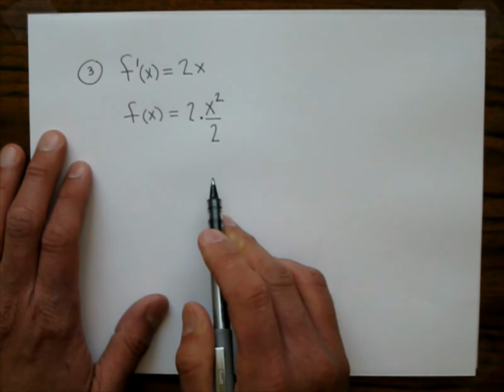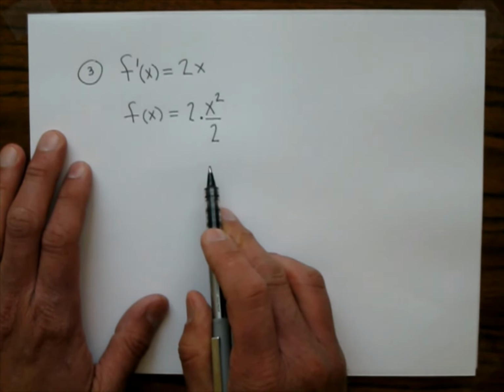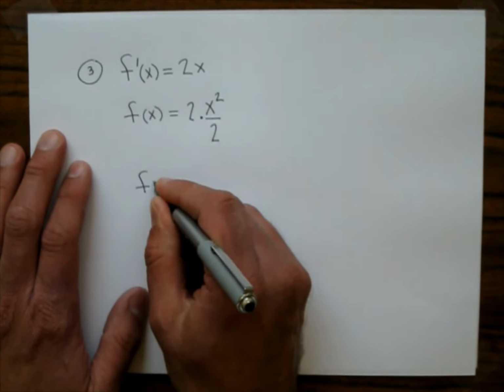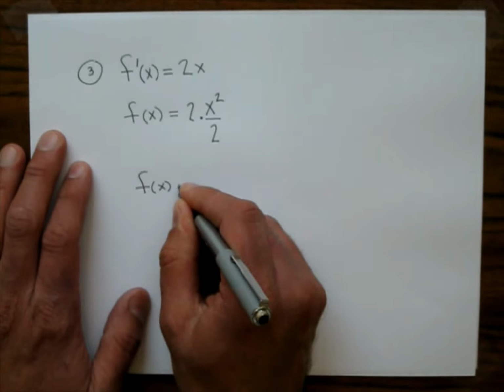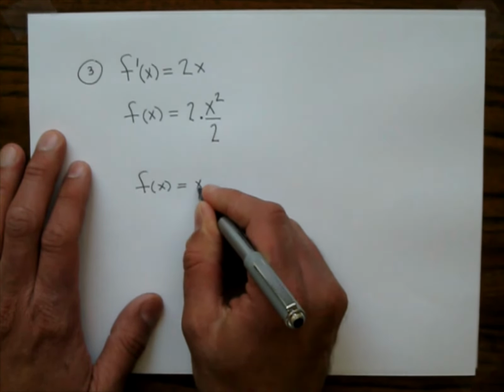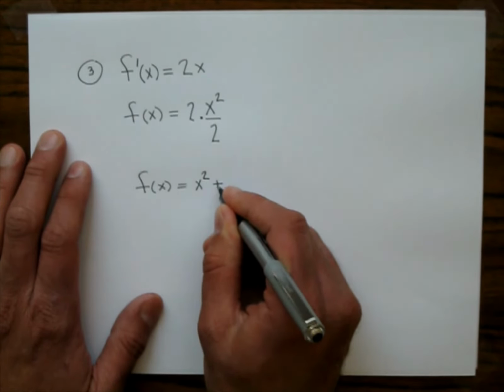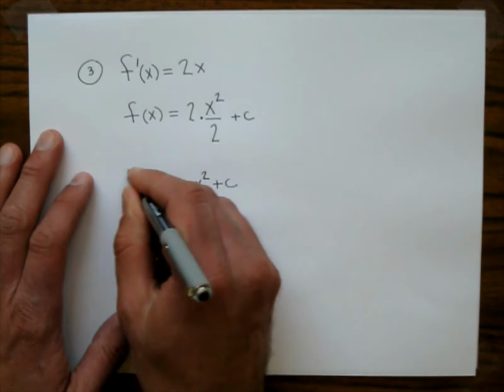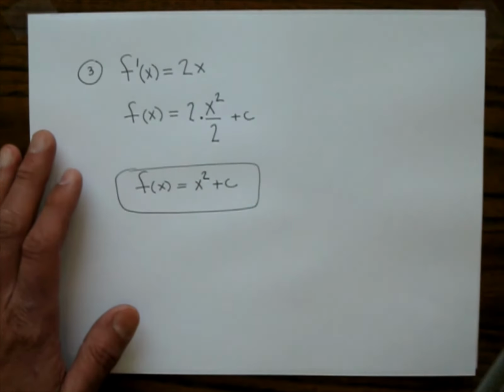Just like with the derivative, the antiderivative works the same. So the 2's are going to cancel, and you're going to get f of x equals x squared, and don't forget the plus c. I'll put it up here as well. And so there is the antiderivative.